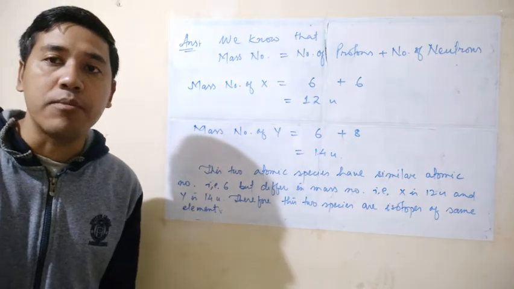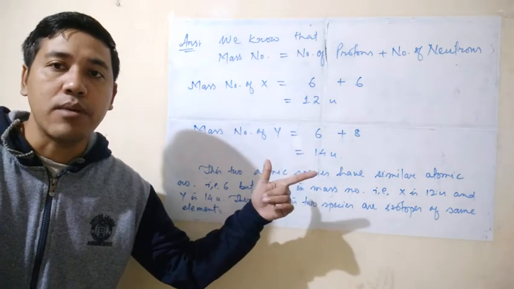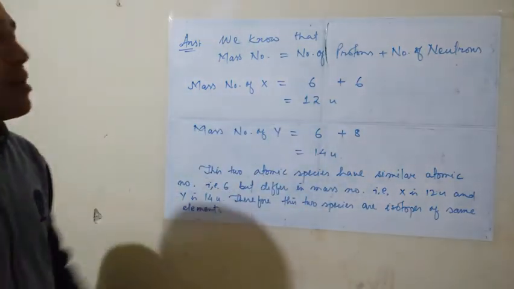That is, isotopes of carbon: carbon-12 and carbon-14. Okay, this is the answer. Please copy down.